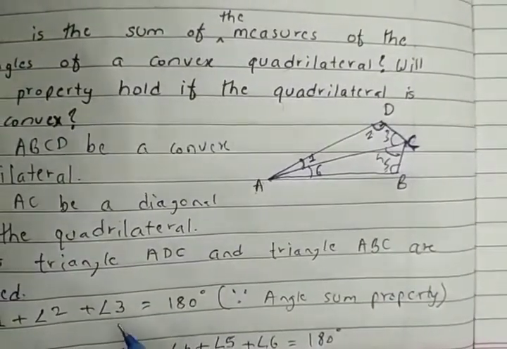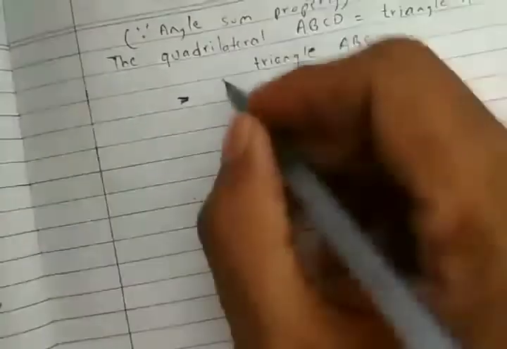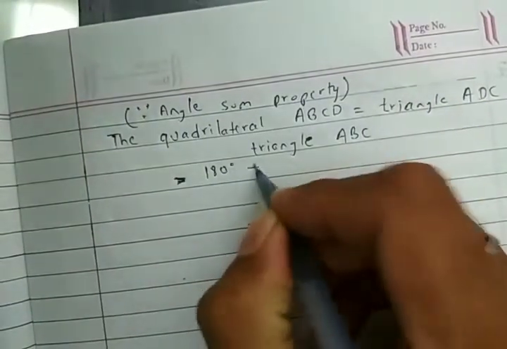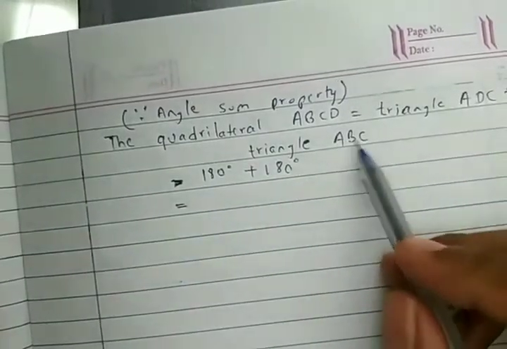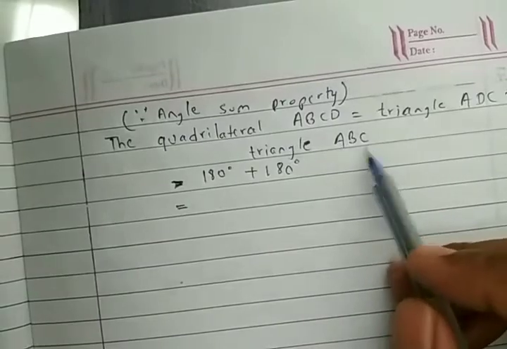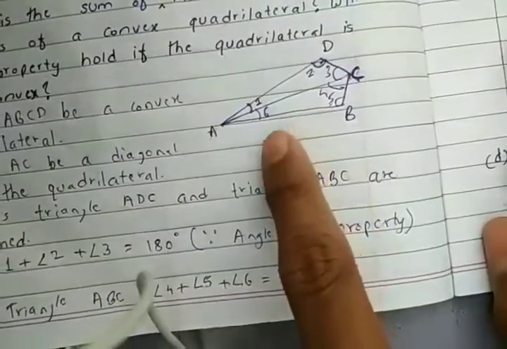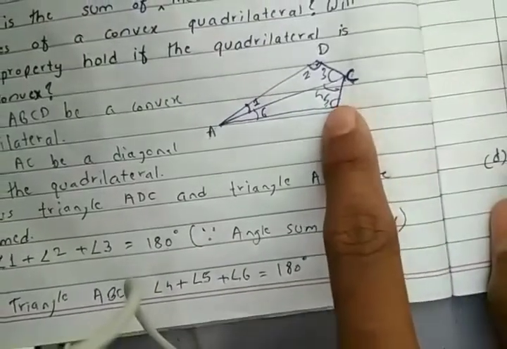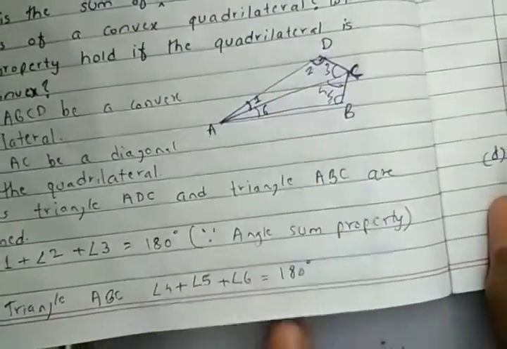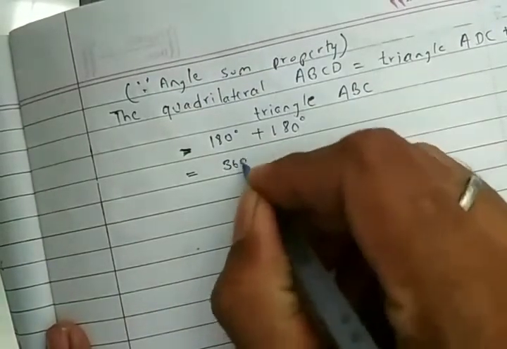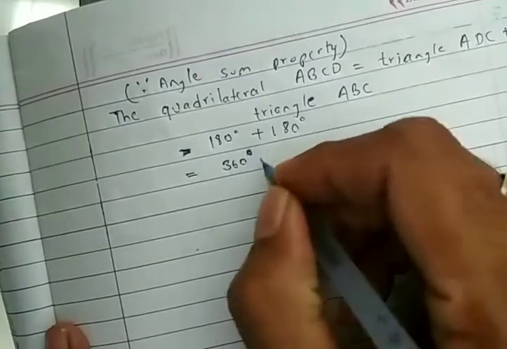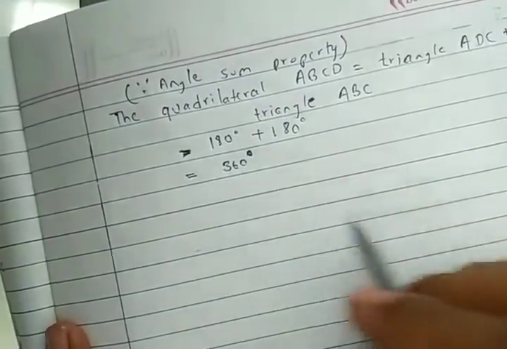Angle 1 plus 2 plus 3 equal to 180 degrees. So you can say that this is equal to 180 degrees plus 180 degrees, since the sum of all the angles of triangle ABC, that means angle 4 plus angle 5 plus angle 6, is also equal to 180 degrees. So if you add this, it becomes 360 degrees. So the first part of the question is solved.